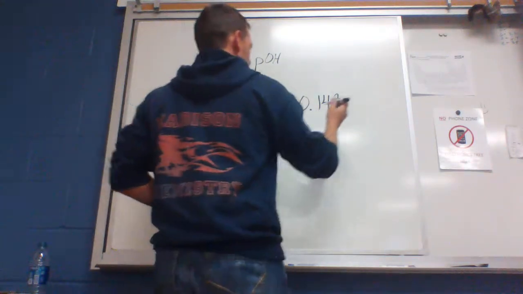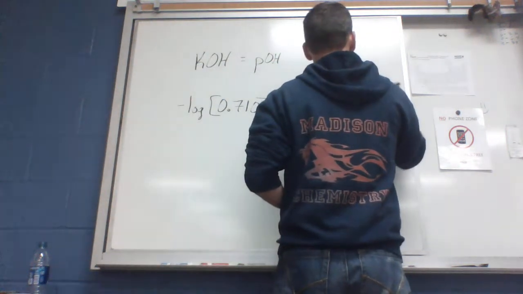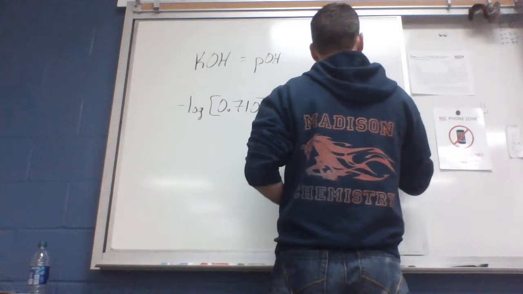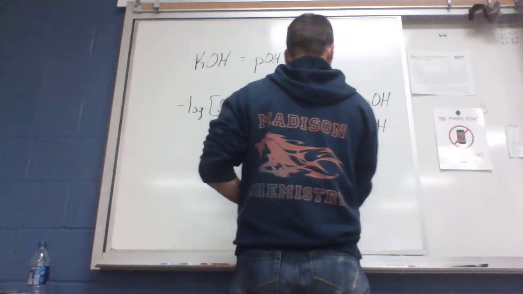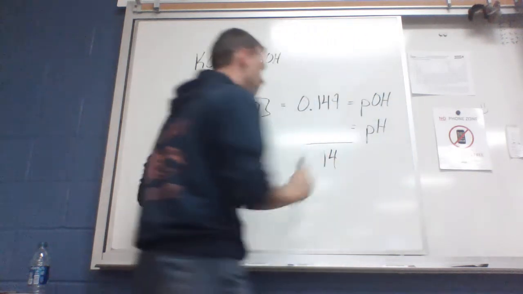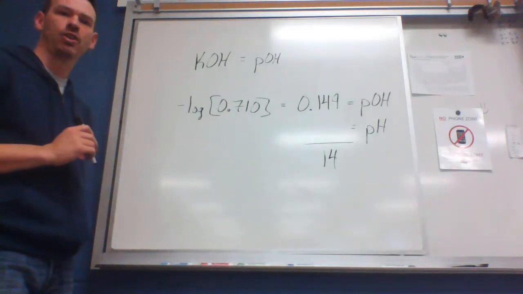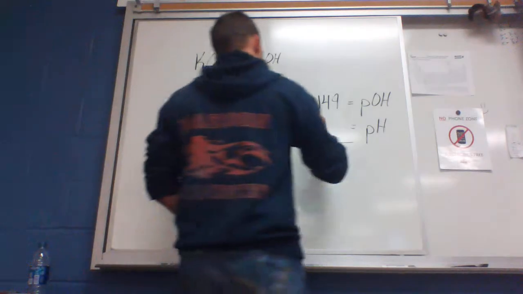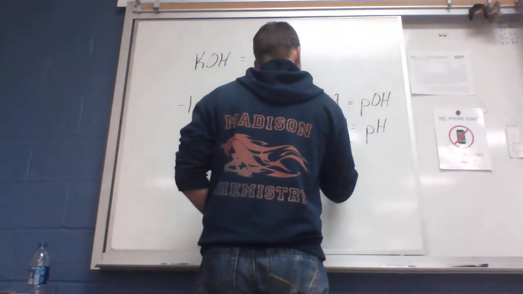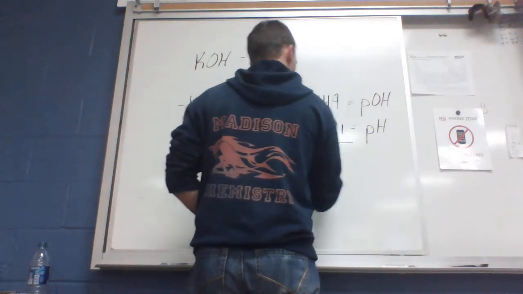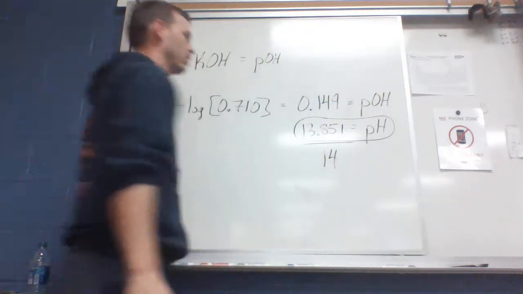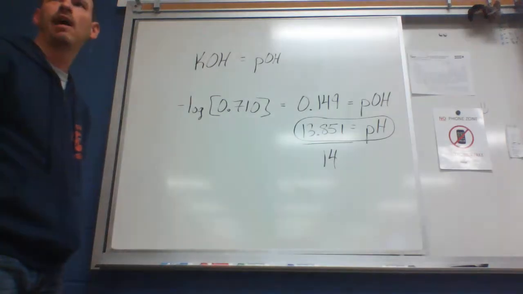But we want a pH. And I know that pOH plus pH equals 14. So finding the value is easy. What's the answer? 13.851. We okay on the first one?